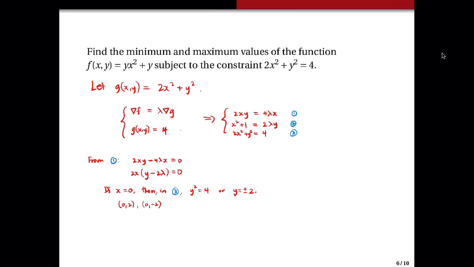Now, if x is not equal to 0, we will have y equals 2 lambda.